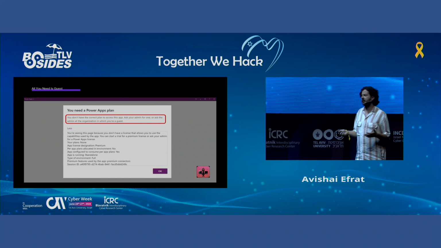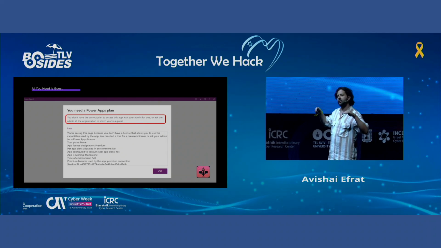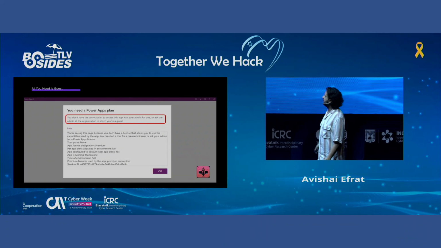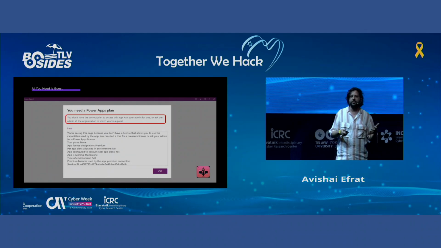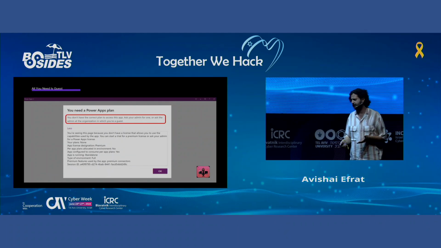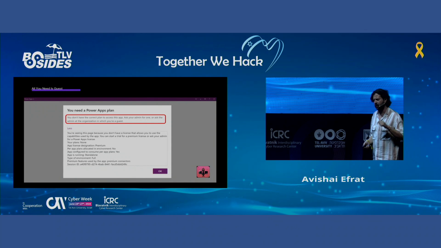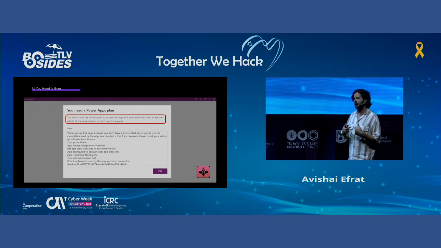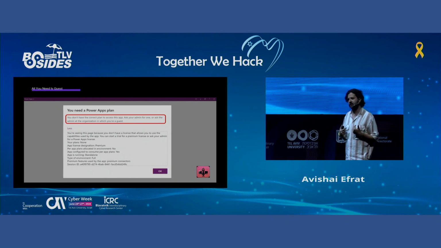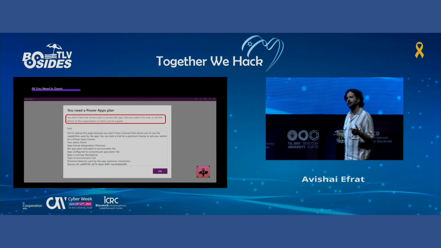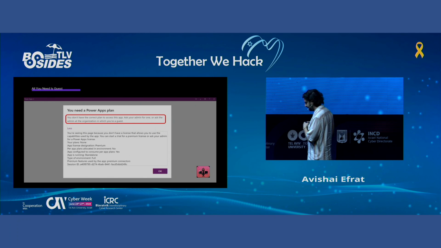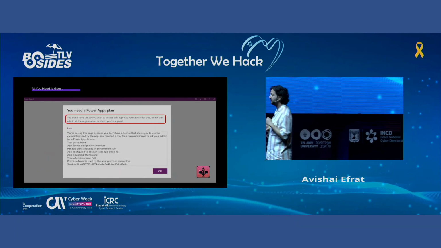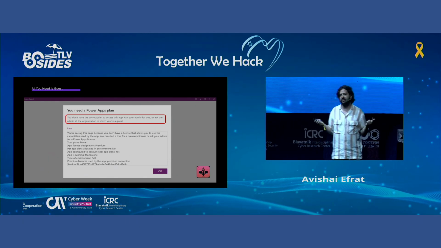Ask your admin, whatever. If we read it more thoroughly, it's basically saying you don't have a license for Power Apps, but you can ask your admin for one. So maybe if we ask our hacker tenant admin for one, would that work? Would we be able to access this Power App in another tenant, for which we saw an error that we don't have a license?